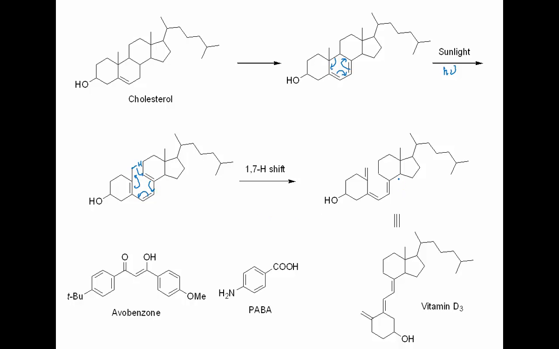Okay, so you've always heard if you need vitamin D levels, go out in the sun, and this is exactly why it occurs. Sunlight causes these pericyclic reactions to proceed on a cholesterol-derived biomolecule.